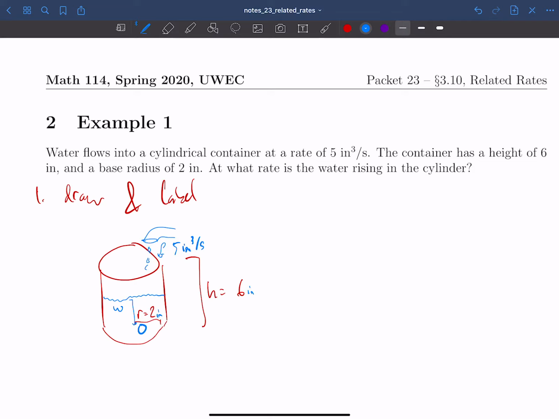I think it's important that we attempt to label the target unknown. And in order to do that, we really need to identify what the unknown is. At what rate is the water rising in the cylinder?